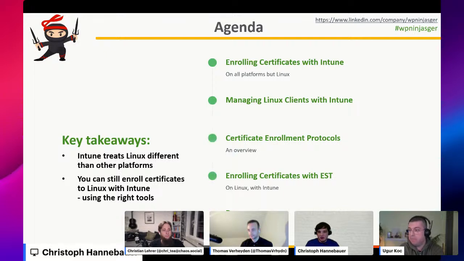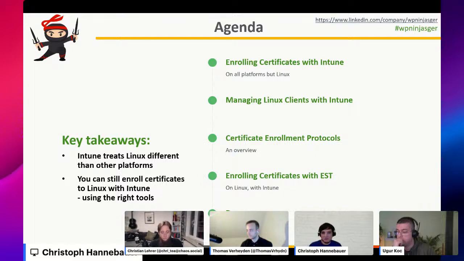What we'll be looking at in this session will be first a quick recap: how can you enroll certificates with Intune on normal platforms, everything but Linux, so Windows, Android, and so on.